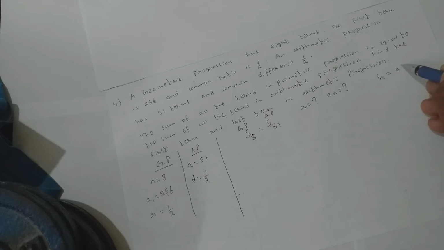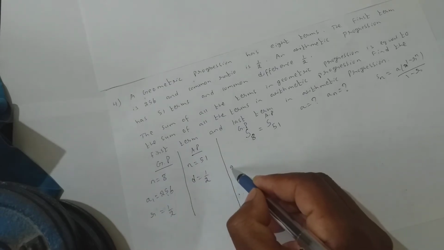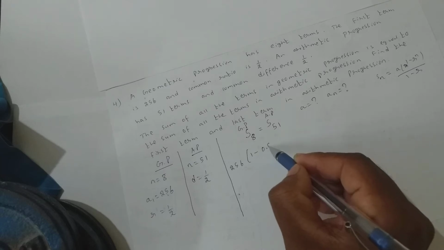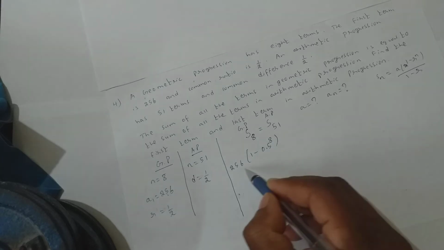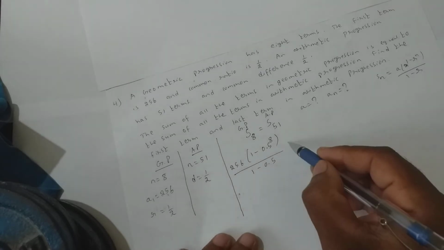Sn is nothing but A into 1 minus R power n by 1 minus R, since R is less than 1. So A is 256, 1 minus 0.5 power 8 by 1 minus 0.5 is my S8.